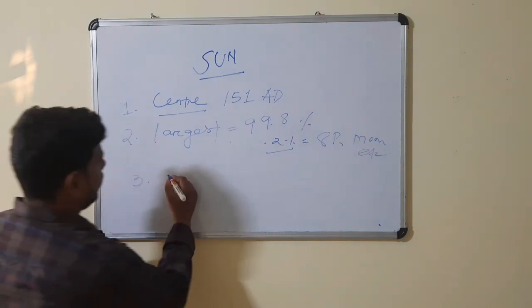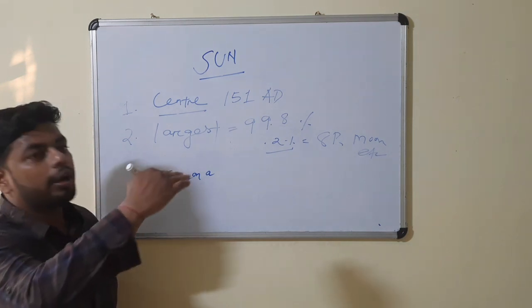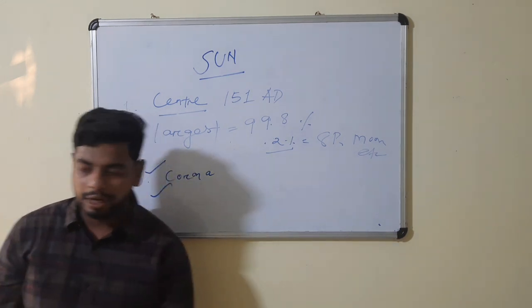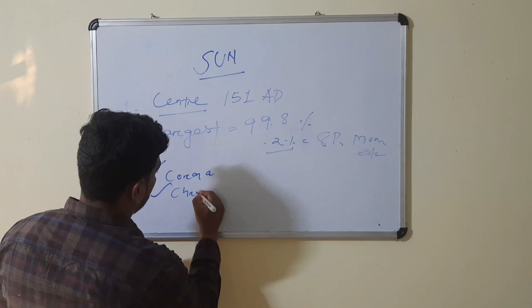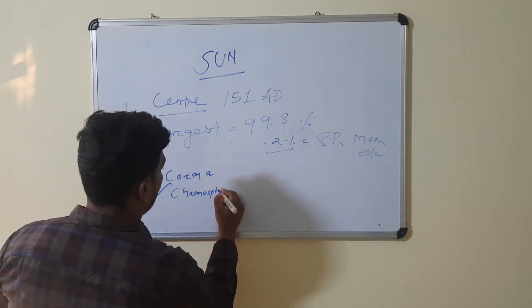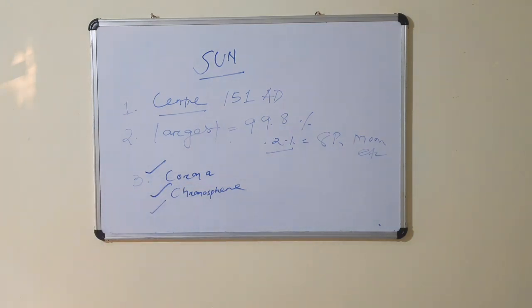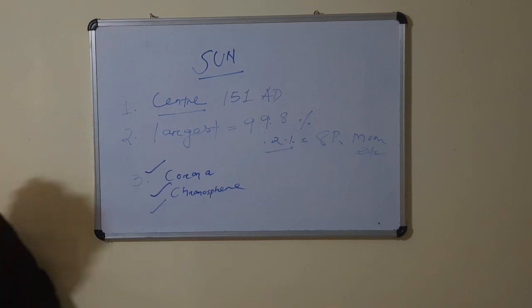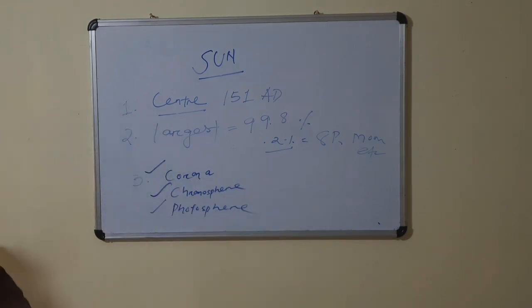The sun has been classified into 6 major layers. The first one is the corona. Next is the chromosphere. Next is the photosphere.